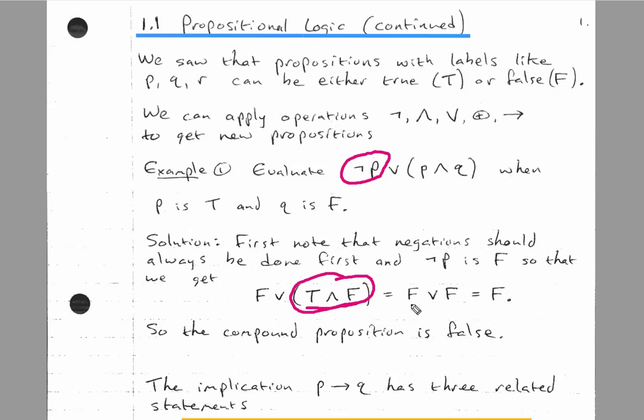And then the last step is we have false or false, and that's also false. So for or, you need one of these to be true, or both. That makes it true. But since they're both false here, false or false is false. Alright, so the whole thing worked out to be false.